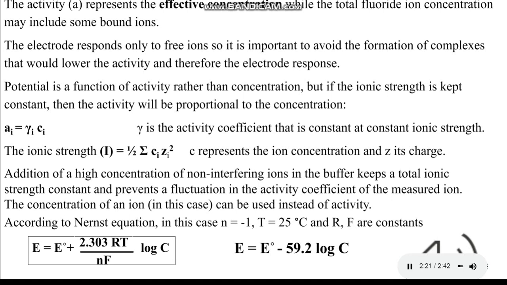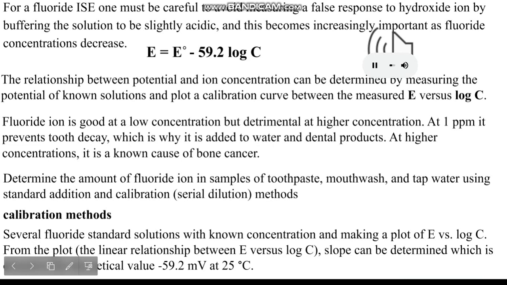Faraday and R are constants, so the final form of the Nernst equation could be potential equals standard potential minus 59.2 millivolt times logarithm of concentration as molarity. This equation is now expressed by molarity concentration instead of activity.